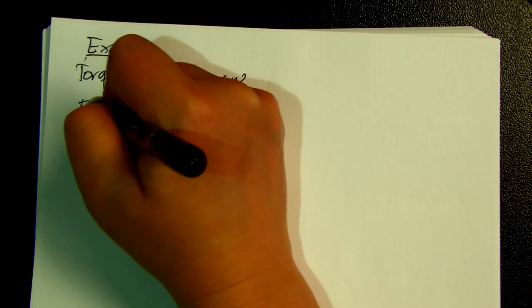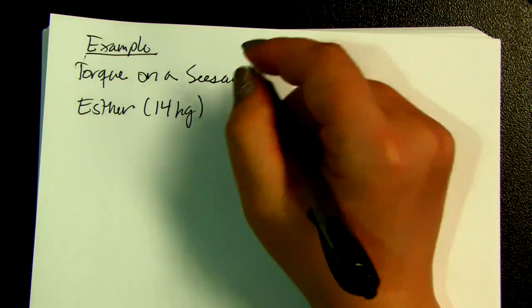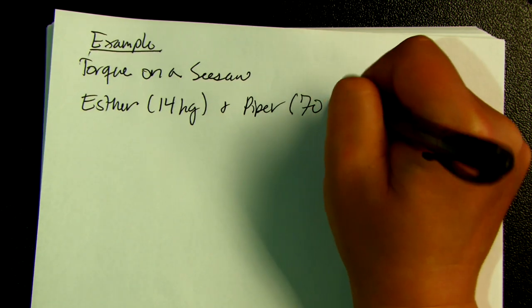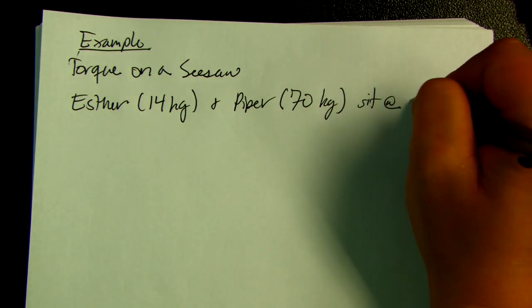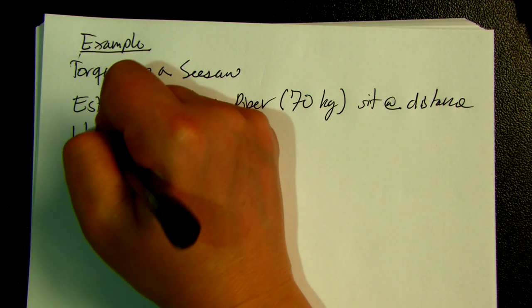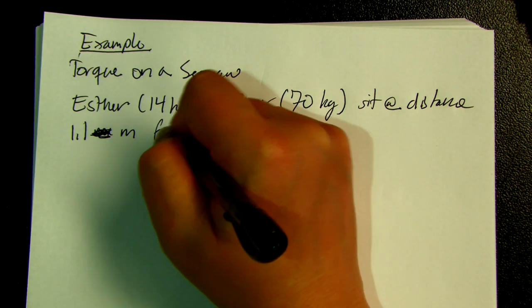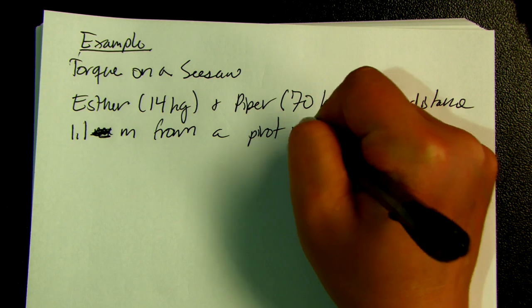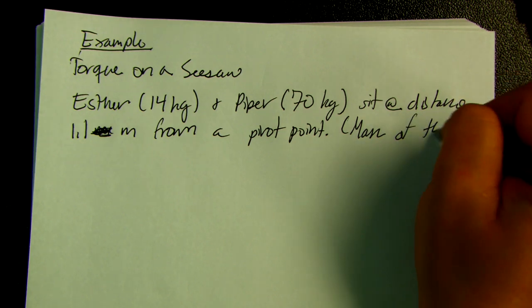So Esther, who at the time I wrote this problem weighed about 14 kilograms, and Piper, that would be my husband, sit at a distance (1.1 meters) from a pivot point. And we're going to ignore the mass of the seesaw.